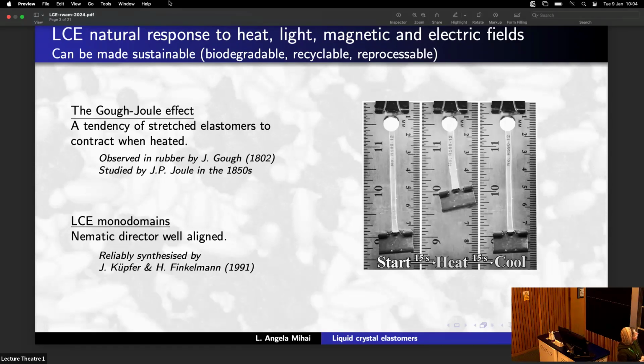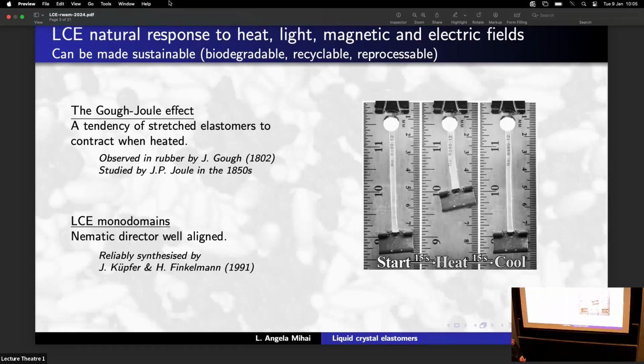The Gough-Joule effect, for pure rubber, is the tendency of stretched elastomers to contract when heated. So that is very hard to observe in rubber, but it's still observable. It was observed by Gough, studied later by Joule, but in liquid crystal elastomers, because of the presence of the liquid crystal mesogens, this can be observed with the naked eye. As you can see, it's quite a large difference in centimeters.